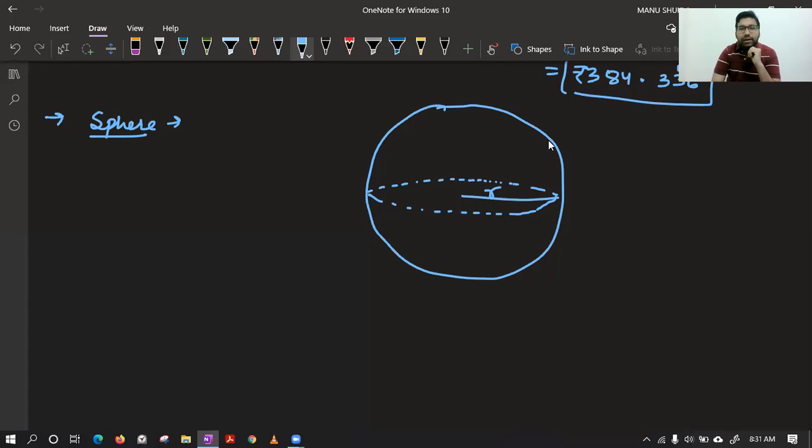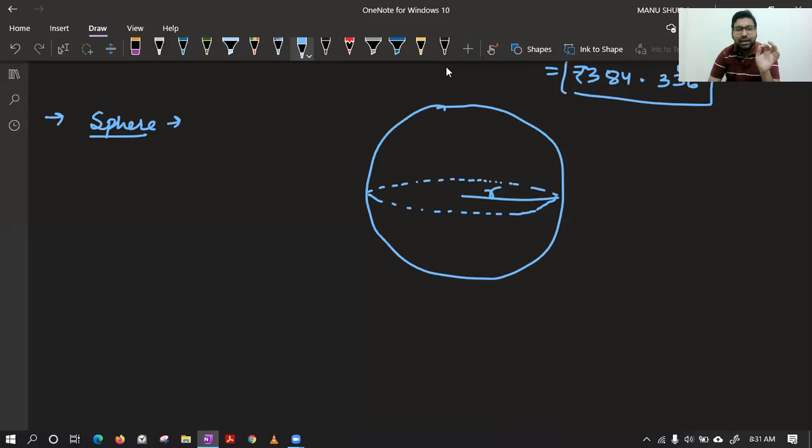Now here also we are going to study two things only: the curved surface area and the total surface area. First tell me how many surfaces are there in this sphere. There is only one surface. You can see there is no top, no bottom, nothing.